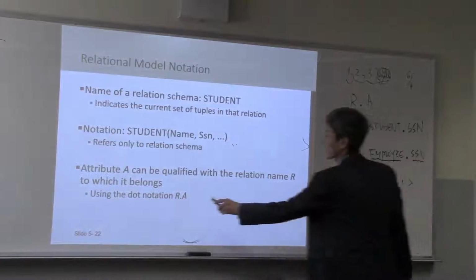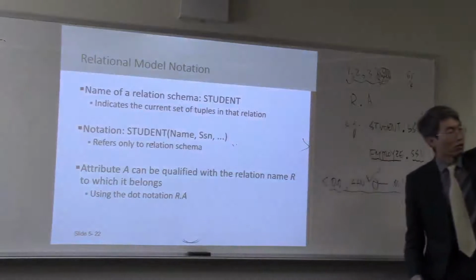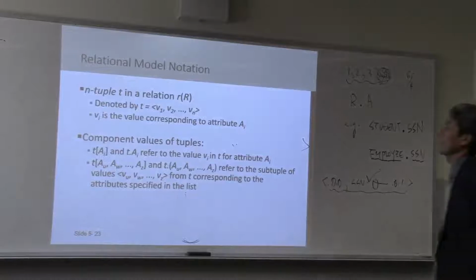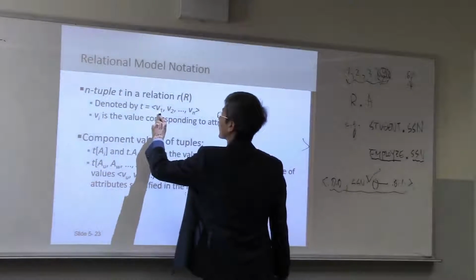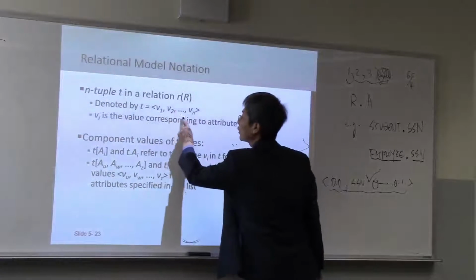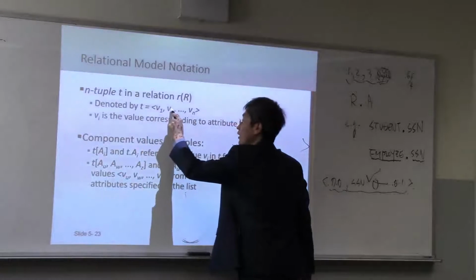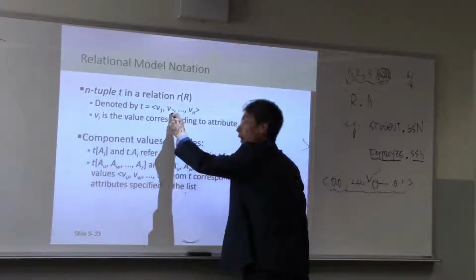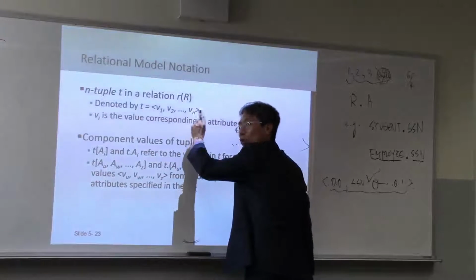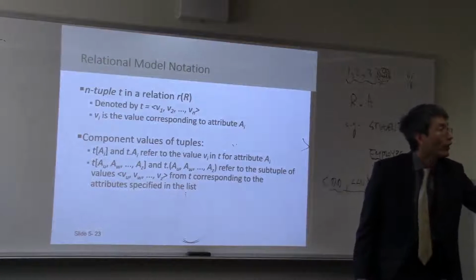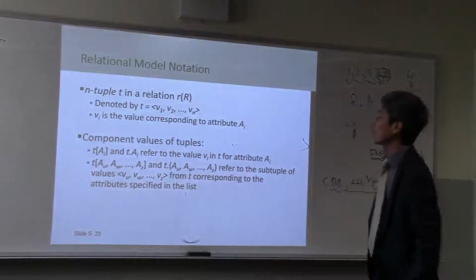We can use a dot notation: the relation name, dot, attribute name. So we can define the tuple as a combination of values from attribute 1 to domain 1 through attribute n to domain n. We can select one value, or one null, then we can make the tuple.